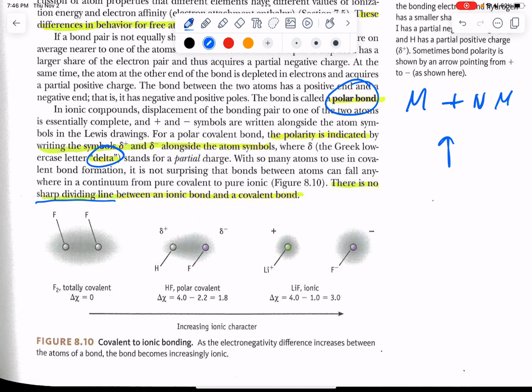And I should back up. A metal plus a nonmetal is always going to be ionic, but a nonmetal plus a nonmetal is going to be covalent.